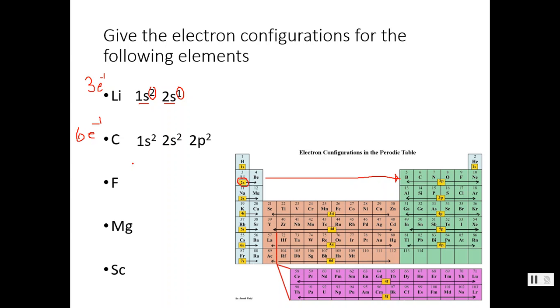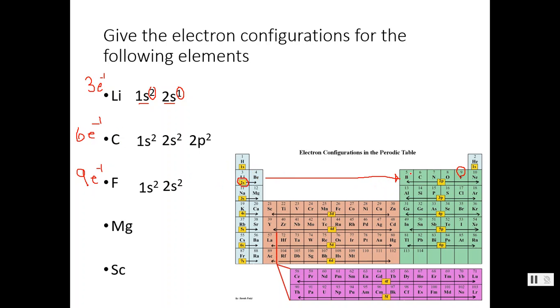Lots of fun, right? So let's continue on. Let's do fluorine. Here's fluorine on my periodic table. It has 9 electrons that I need to place. I'm going to start at the very beginning again, just like I did with the previous 2 examples. 1s2, 2s2, travel over here to the p's. How many electrons do I need to place to get to fluorine?